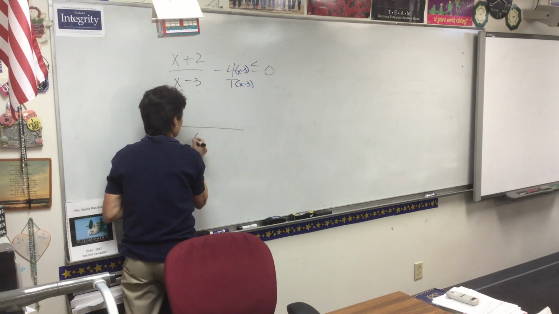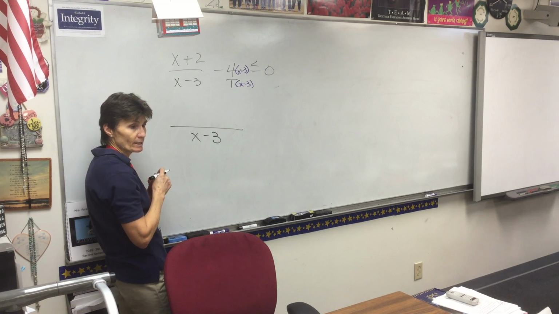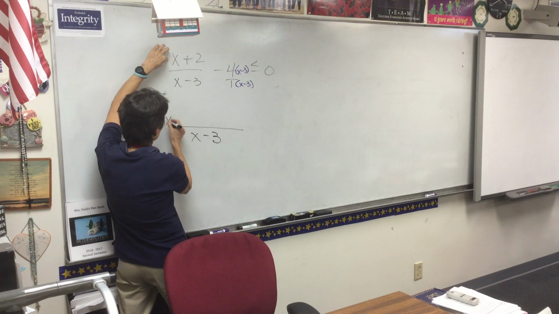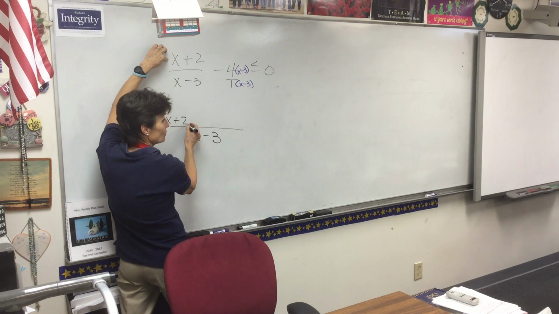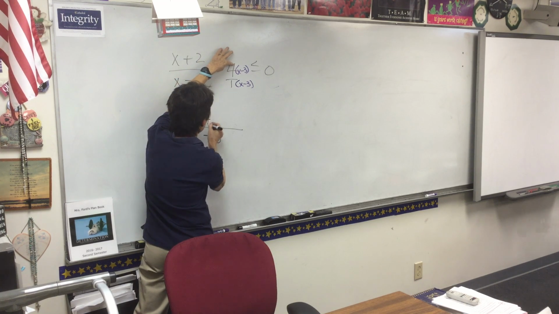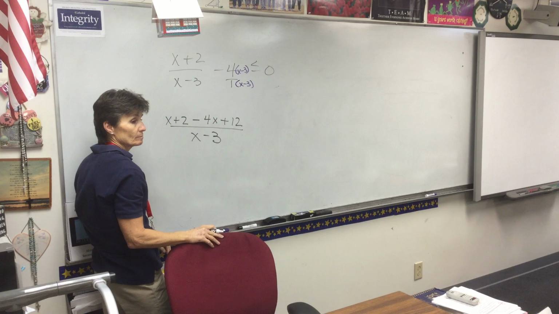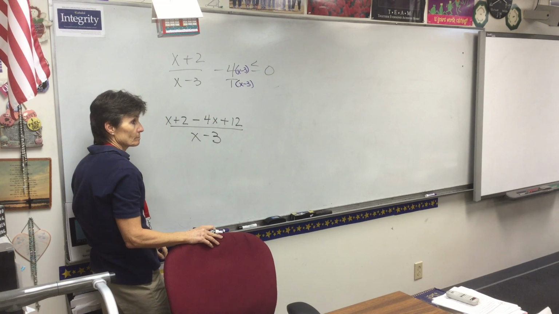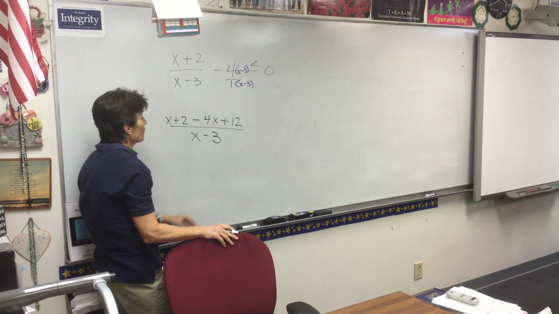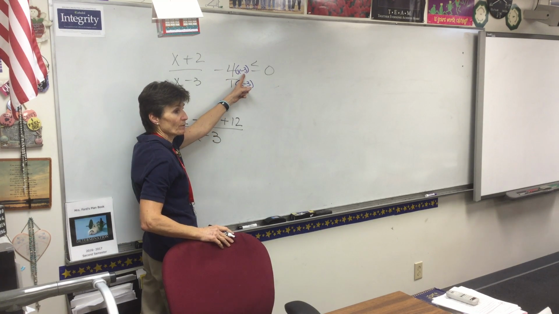So now I can write this as 1 fraction. The denominator is x minus 3. The numerator is x plus 2 minus 4x plus 12. By the way, I wish I had a nickel for every time we forget to distribute the negative.